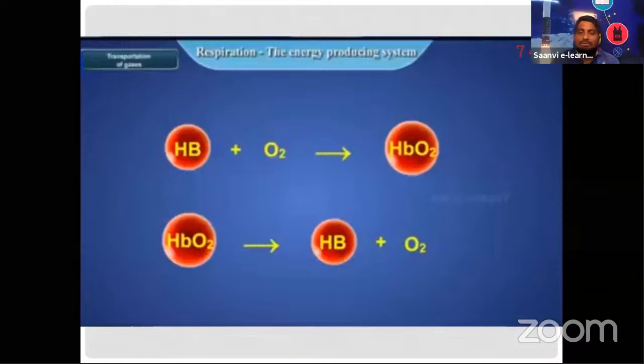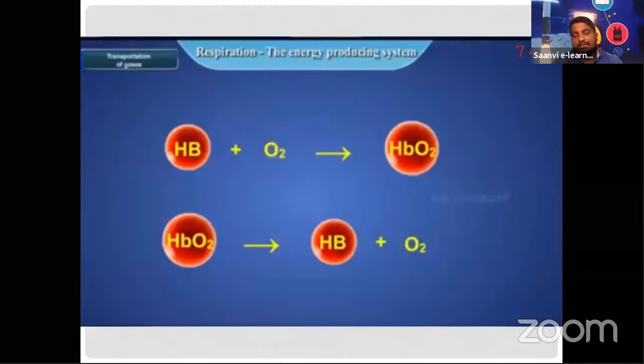So at that time, oxyhemoglobin HbO2 can be divided into Hb plus O2. This O2 can be utilized by the cell in the respiration process, that is cellular respiration, to release energy. So what is the use of cellular respiration? It will release the energy.